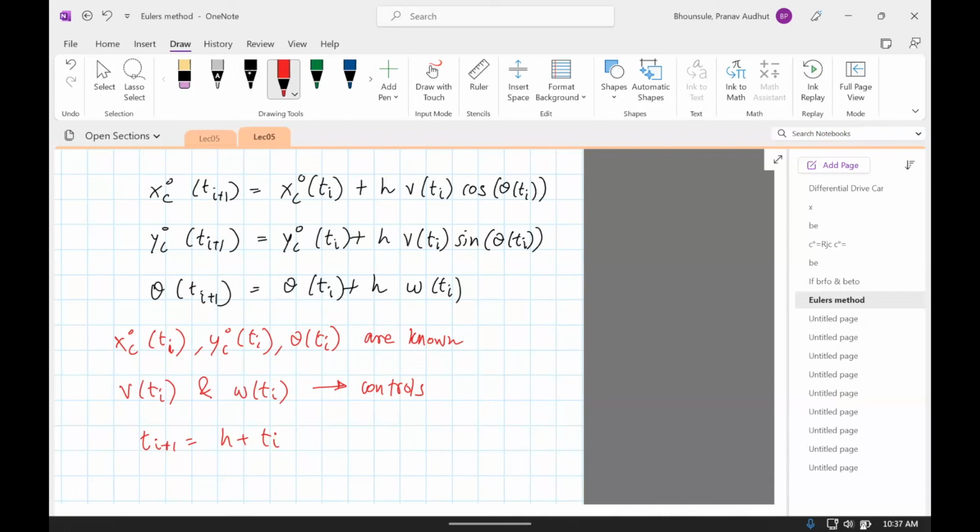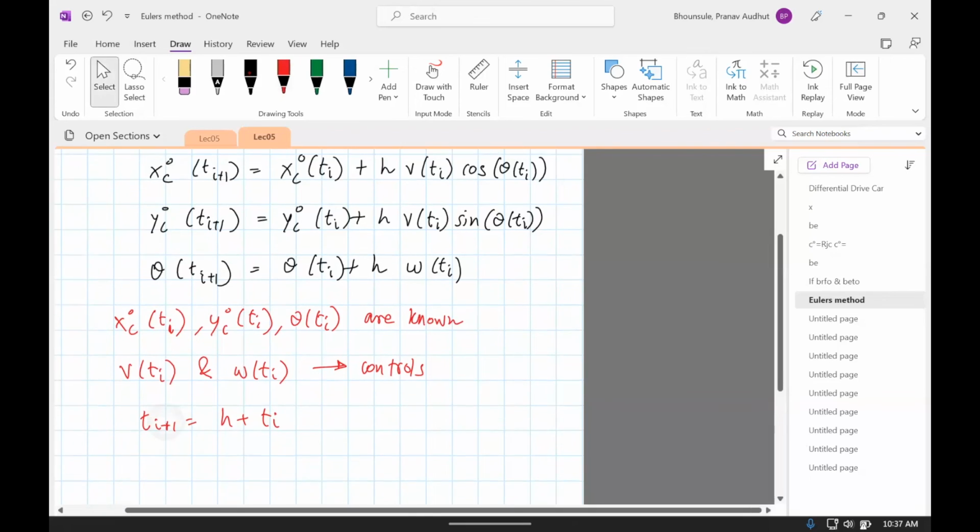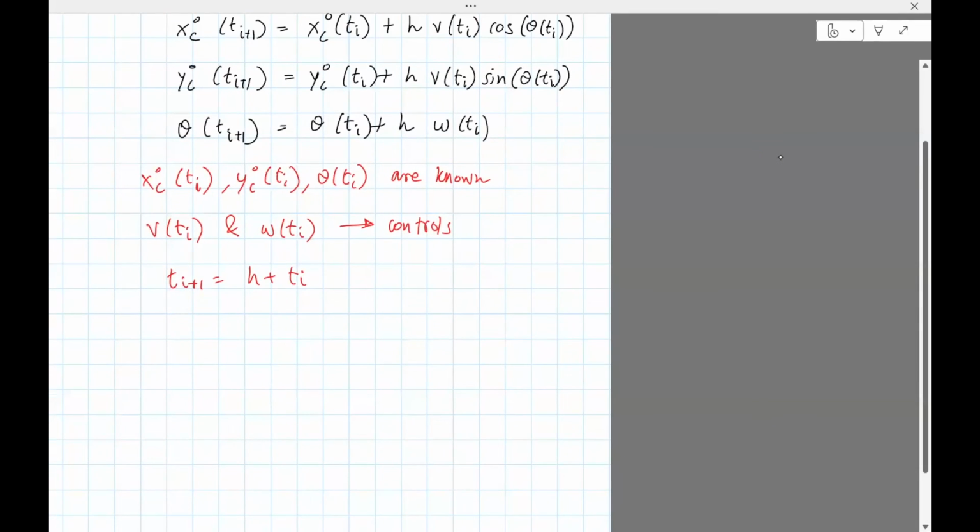So in order for this to work, we need to know xc at t0, yc at t0, and theta at t0.